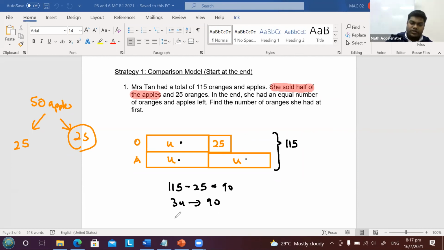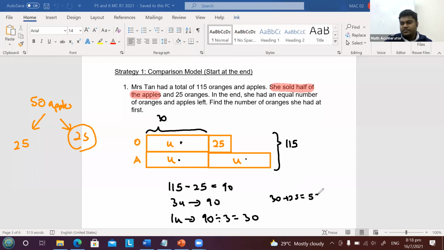So go and find for 1 unit. 1 unit is 90 divided by 3. You'll get 30. So find the number of oranges she had at first. You just take 30 plus 25. You'll get the answer right away.